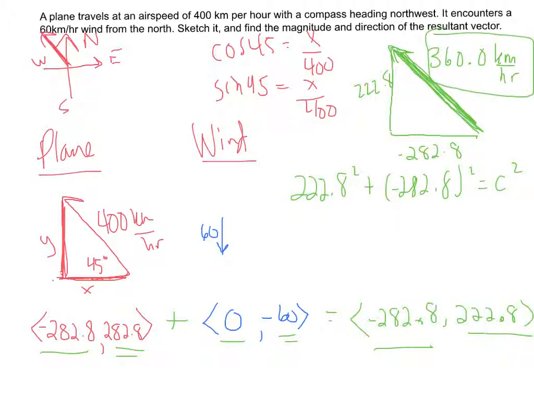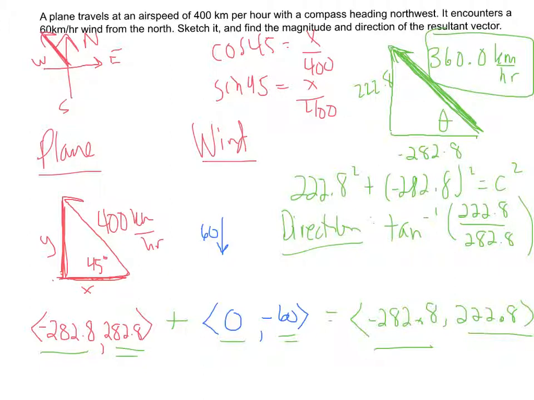So that's going to be our magnitude, 360.0 kilometers per hour, and our direction, we're going to find this angle, and so I'm going to do tangent inverse of 222.8 over 282.8. And when I type that into my calculator, I get 38.2 degrees.